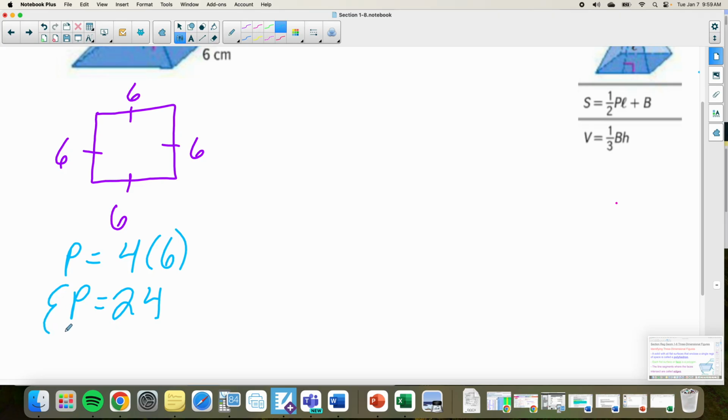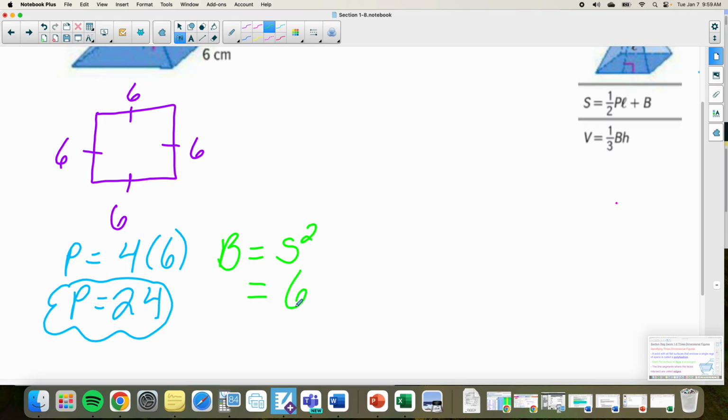So that's our perimeter. Now that's something I don't need you to show work for, but I want you to write it down, okay? Now, when we go to find the area of that base, these are all equal, so you can think of that as side squared, or you could just do it as 6 times 6, whichever you like better.